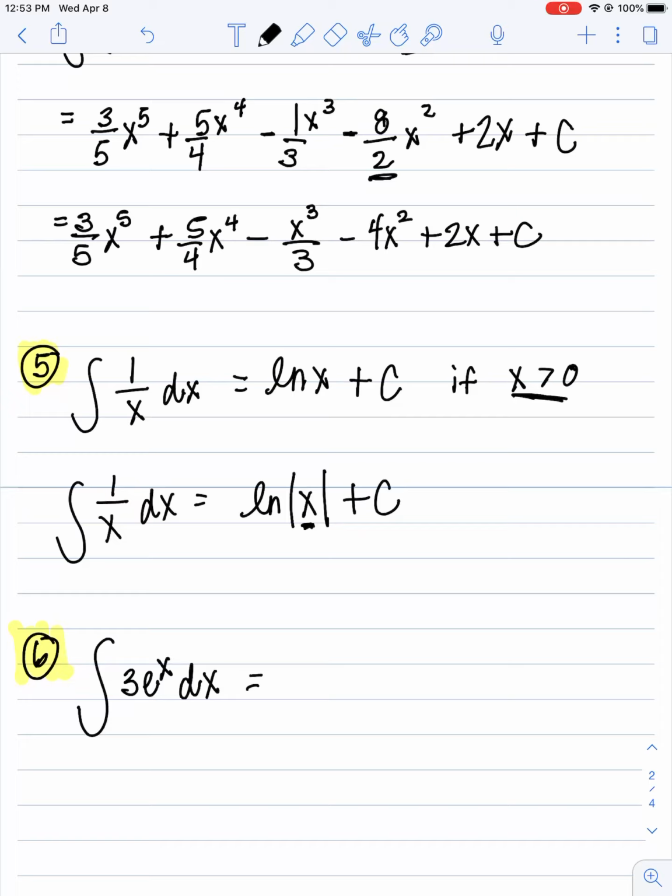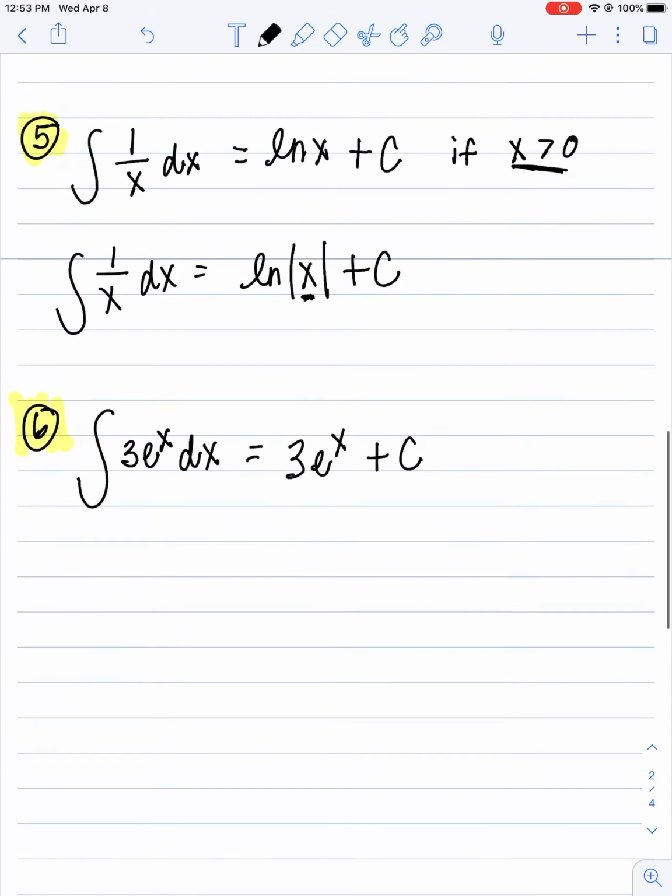So if you think about it, guys, when we took the derivative of e to the x, so this is actually not what I was hoping, but this is fine. 3e to the x, the antiderivative will still be 3e to the x plus c, okay? And the reason is, if you remember, the derivative of e to the x was still e to the x. Let me say that again. The derivative of e to the x was still e to the x, which means the antiderivative of e to the x will also be e to the x.